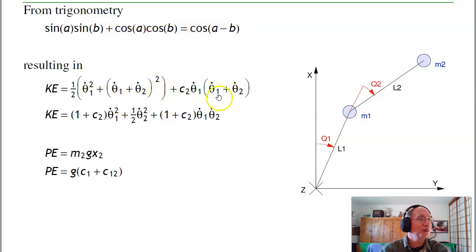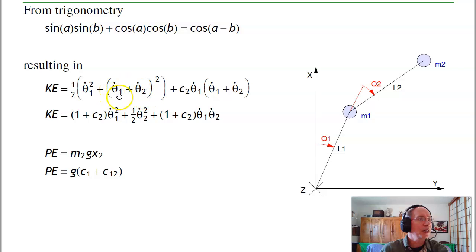So grouping terms together, the kinetic energy is just 1 plus cosine theta 2, theta 1 dot squared. So here's the theta 1 dot squared, there's the theta 1 dot squared. Here's another theta 1 dot squared, so half times plus a half gives you 1, plus cosine theta 2, plus 1/2 theta 2 dot squared, and the cross terms.